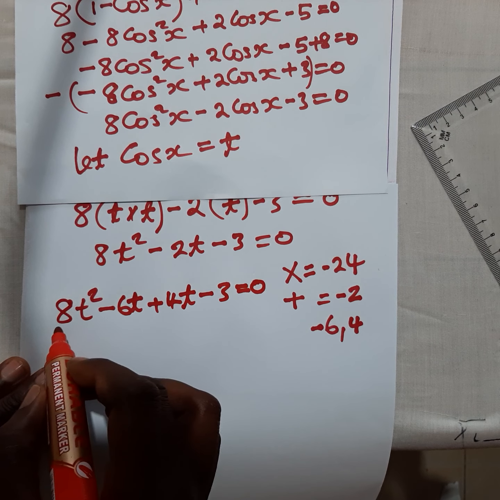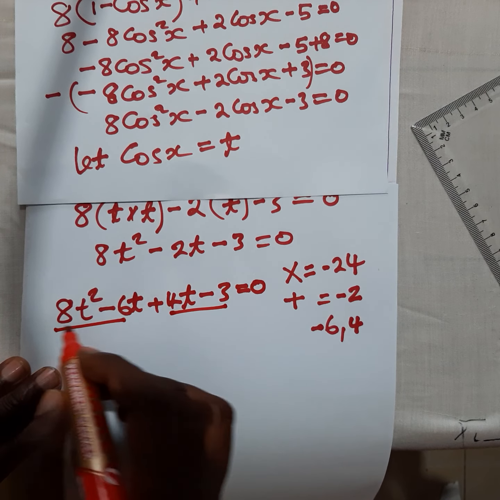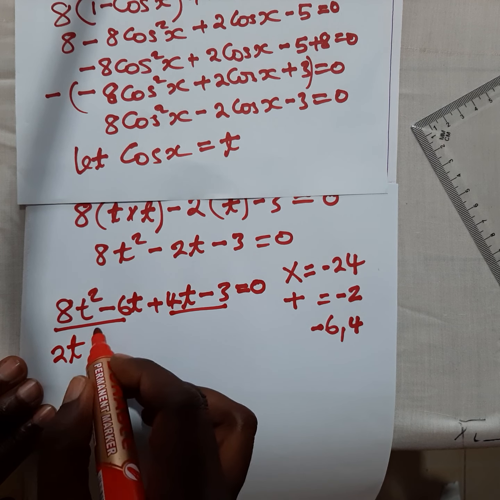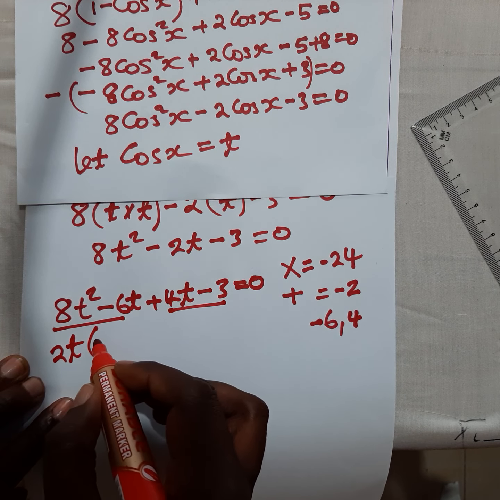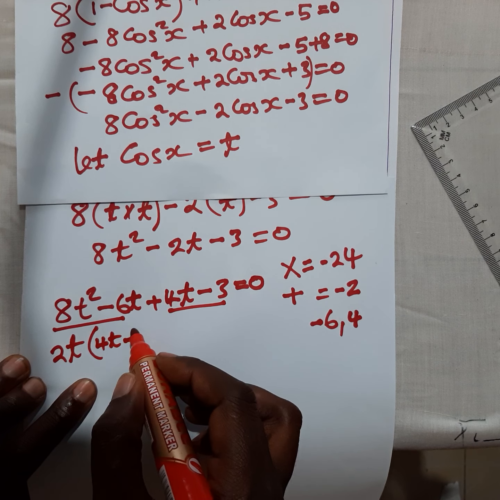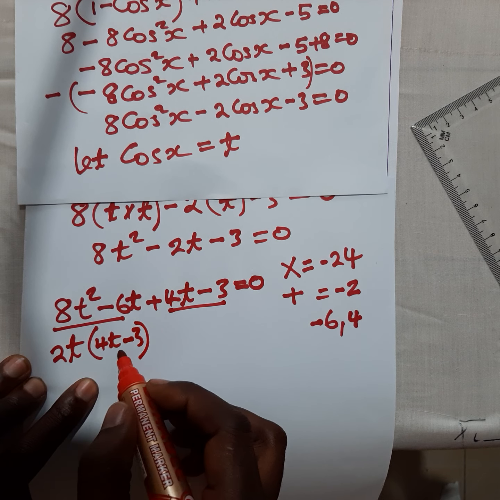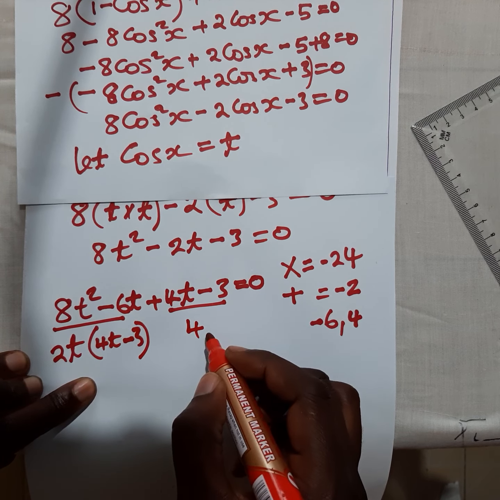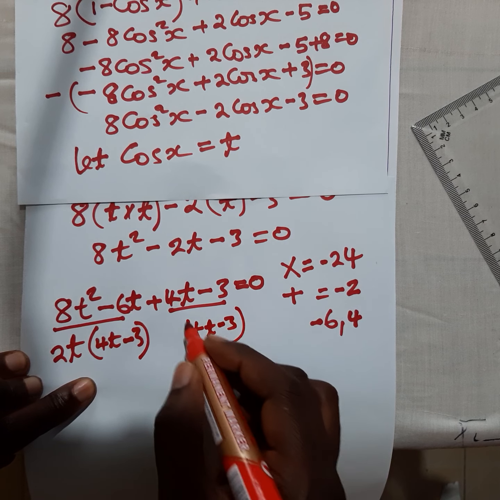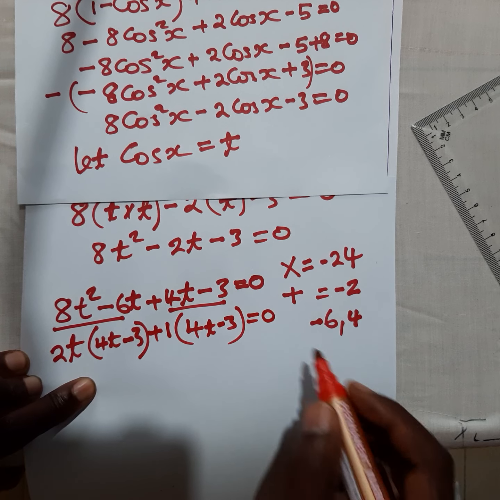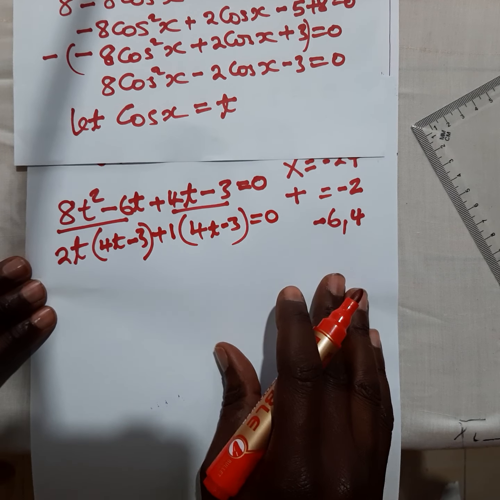Then we can pair the terms and check what is common. We have 2t times 4t minus 3, plus 1 times 4t minus 3, equals 0.